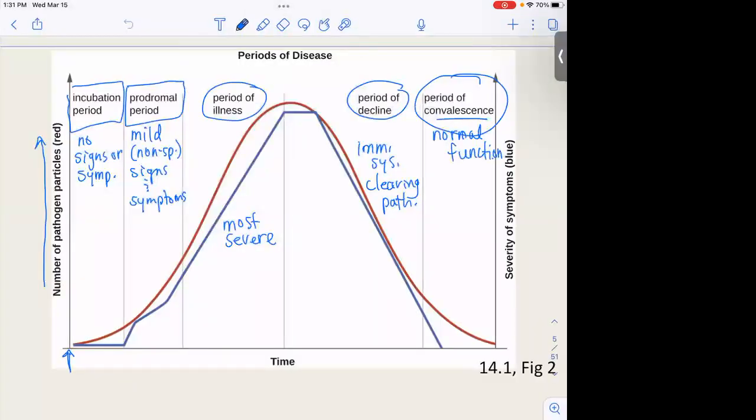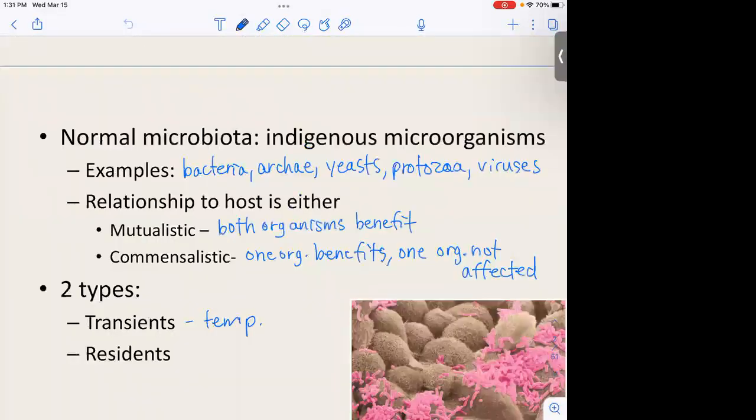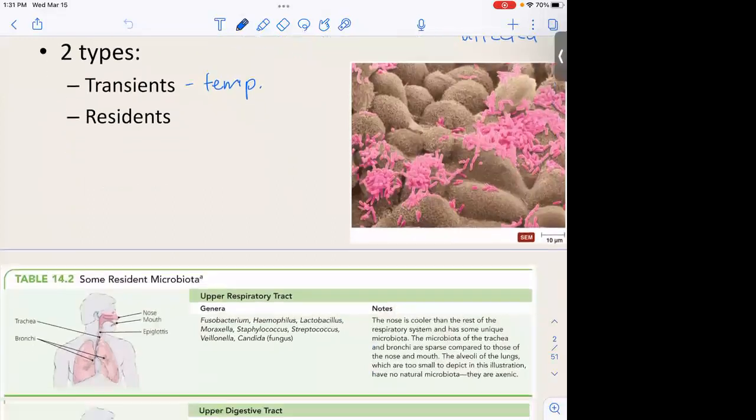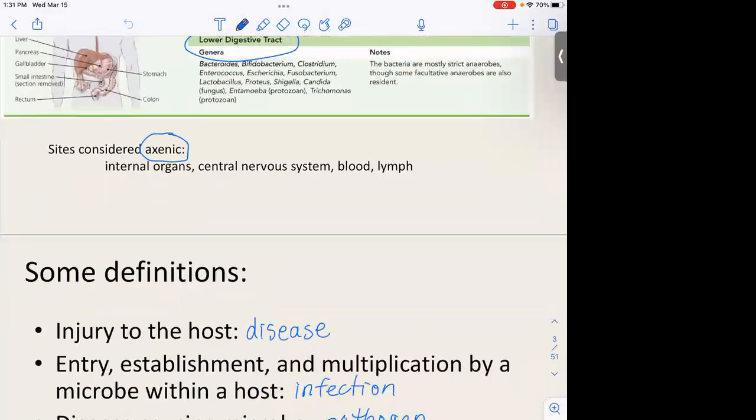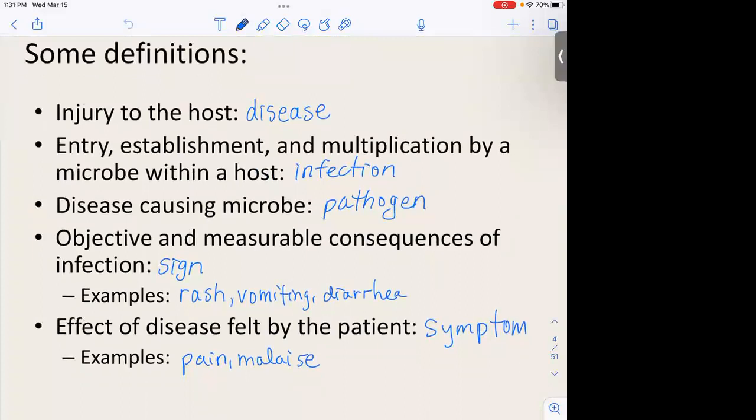All right, so where we left off last time, we were talking about periods of disease. We also discussed normal microbiota. Sometimes I slip and call it normal flora, but flora makes it sound like it's a plant when it's not. The more accepted way is normal microbiota or microbiome.